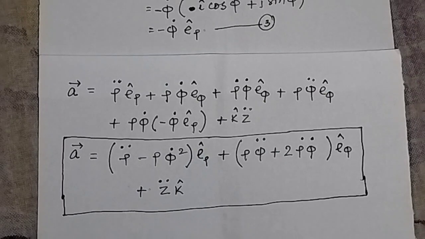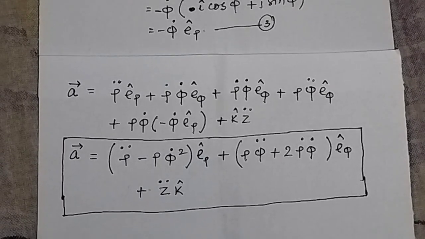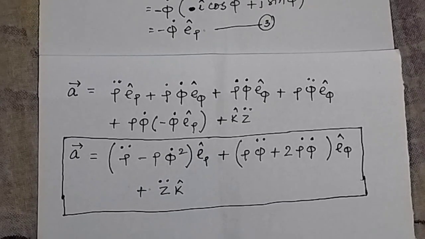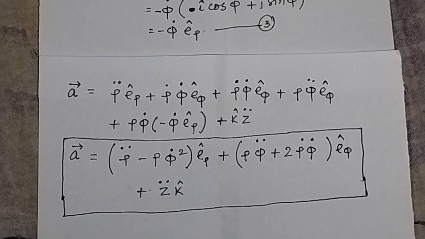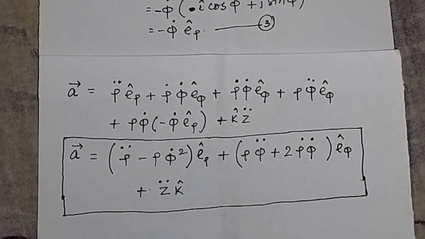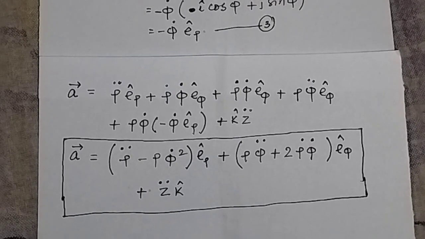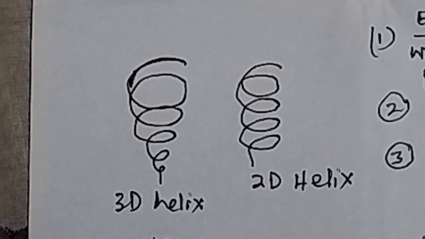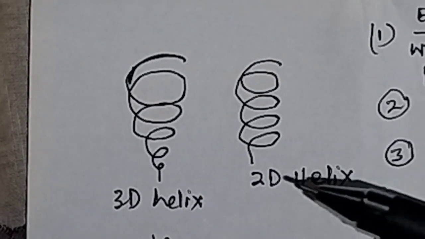This is very useful in the motion of a 3D helix. In the case of a 2D helix, ρ will not change, but in the case of a 3D helix, ρ, that is the radial distance, will change. This is a 2D helix.